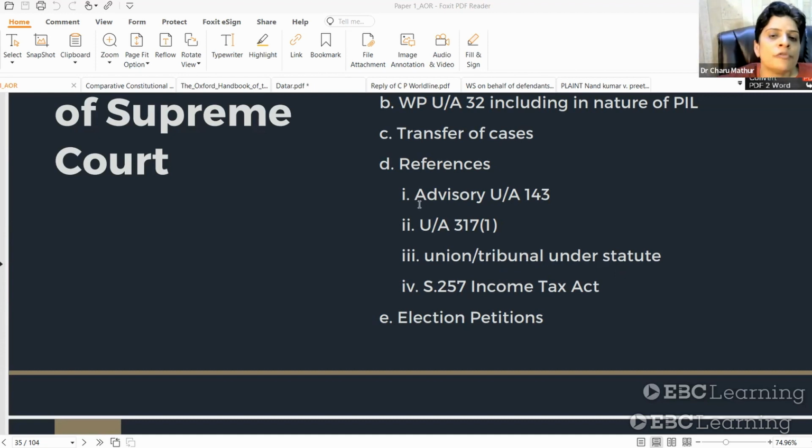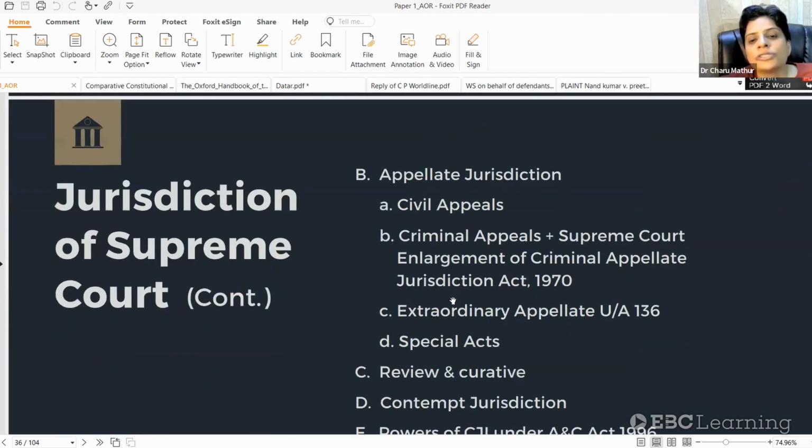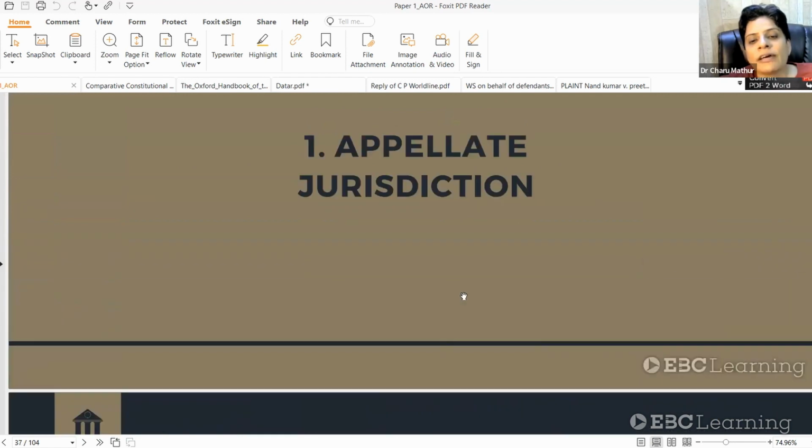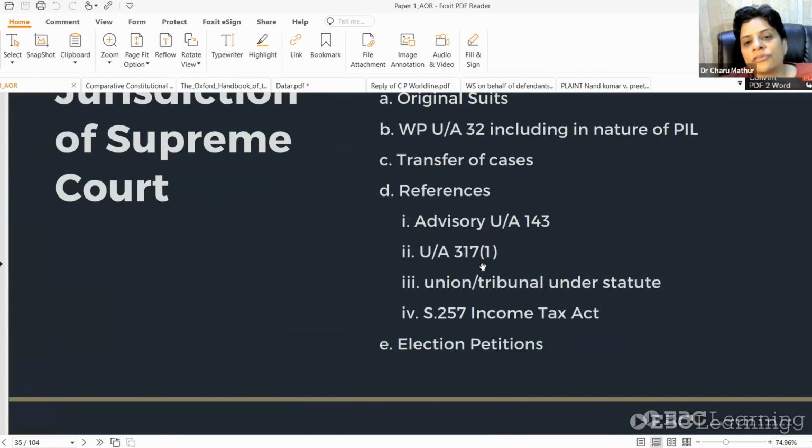Thereafter, we come to a very important provision, that is Article 143 of the Constitution, which is the advisory jurisdiction of the Supreme Court. Now, as far as the advisory jurisdiction is concerned, it is a reference made by the President of India. The President formulates a question and sends it to the Registrar General of the Supreme Court, saying this is a question which has to be referred.